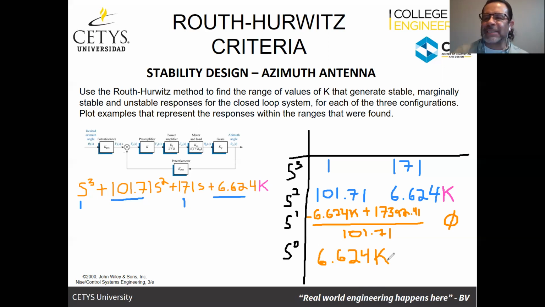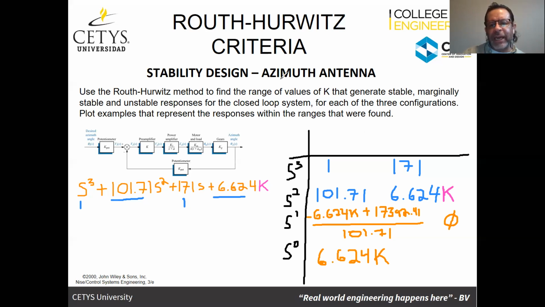And notice something interesting about this last one in the column. It's just to validate that K is larger than 0 for these cases. K has to be a positive number because of our system configuration. Remember that we're talking about a gain, so we're not considering a negative gain.